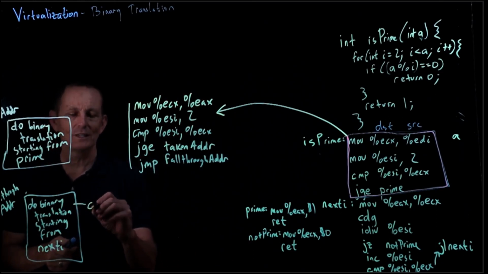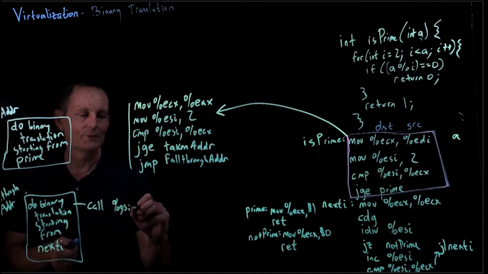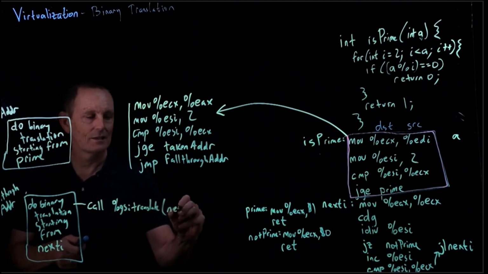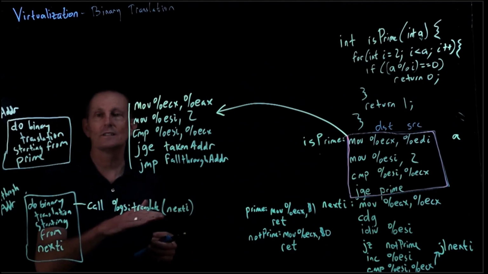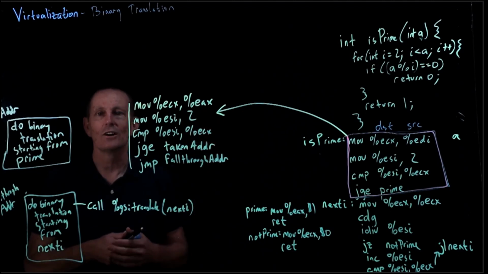How does that work? It's really some sort of a call into, using the GS register, translate, let's say, from next I. It's important that this doesn't mess with any of the registers, right? Because all of our registers are sacrosanct, let's say.